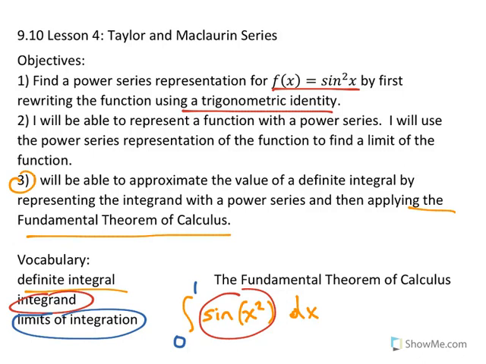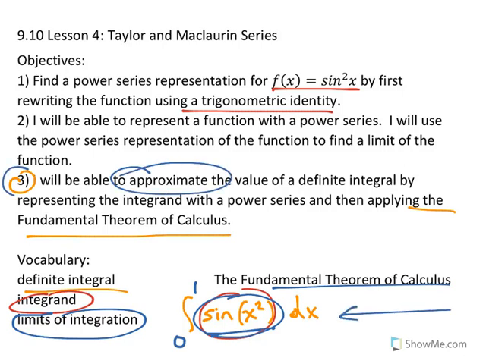And normally we use the fundamental theorem of calculus to evaluate a definite integral, but one requirement for you to be able to use the fundamental theorem of calculus is that you need to be able to find an antiderivative of the integrand. If you have sine of x squared, you're not able to find an antiderivative. So how would we go about approximating the value of this definite integral?